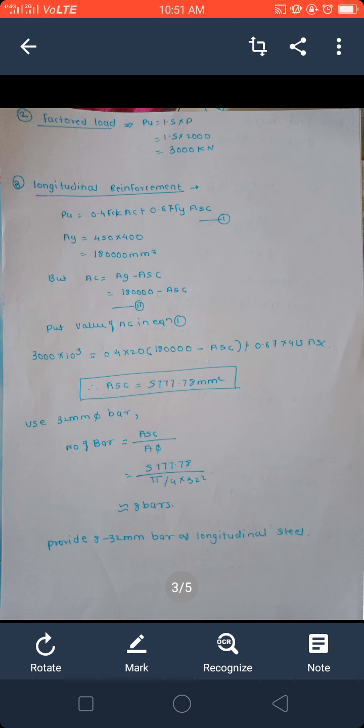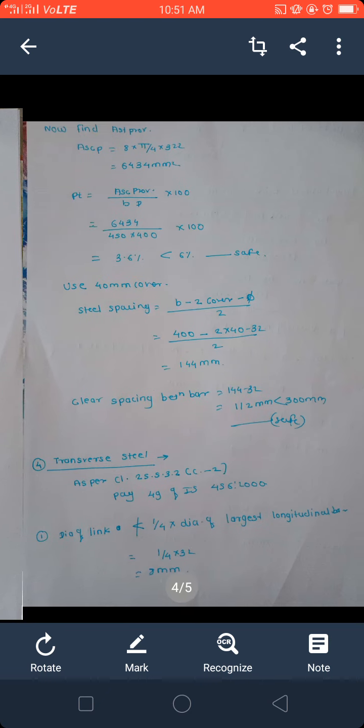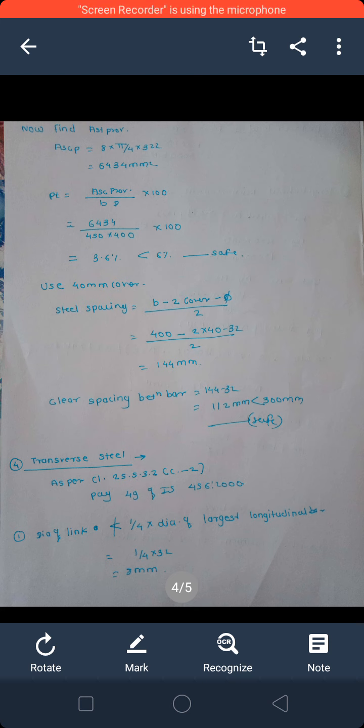So pt provided is 3.6%, which is less than 6%, therefore OK. Accordingly, use cover of 40 mm. Find out steel spacing which is given by b minus 2 times cover minus diameter. We will get steel spacing.